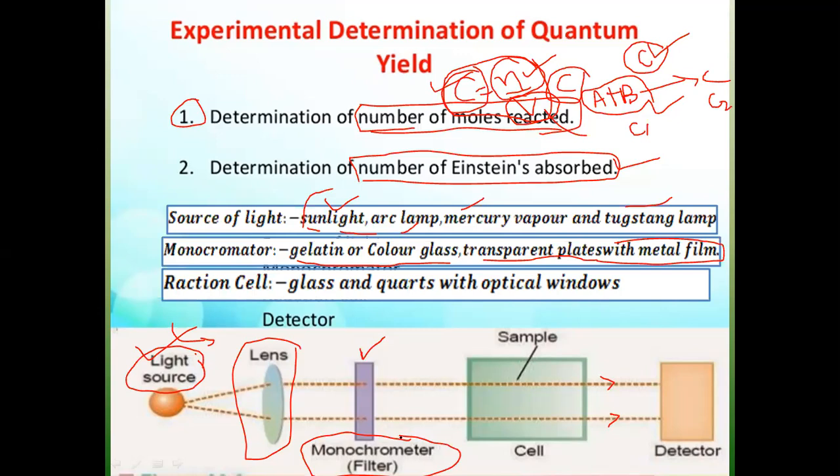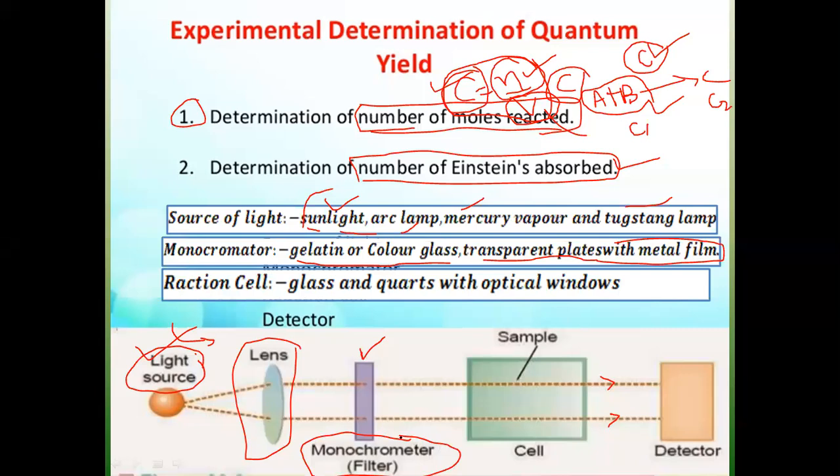In the case of the colorimeter, there are different colored glass strips coated with different colors. The different color wavelengths are absorbed by the glass strip, and the complementary color, which has a single specific wavelength, passes out. That is how ordinary light, with different wavelengths, is converted into a single wavelength of light through the monochromator.